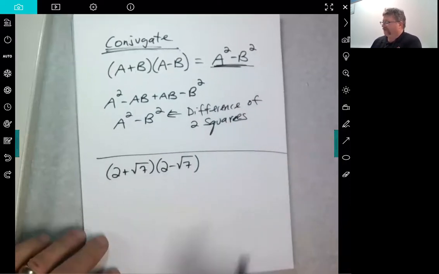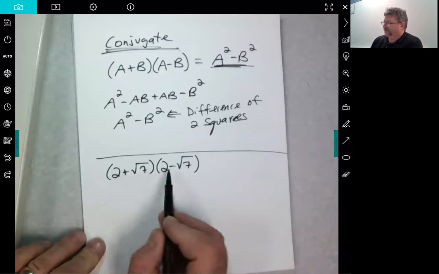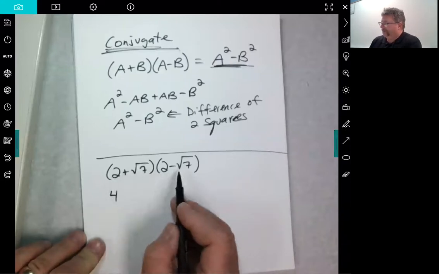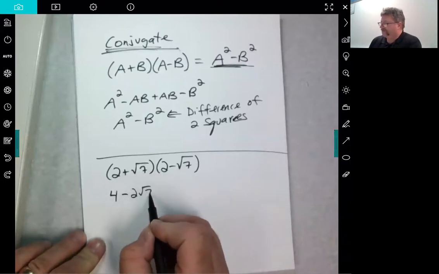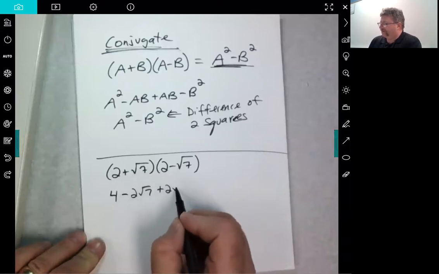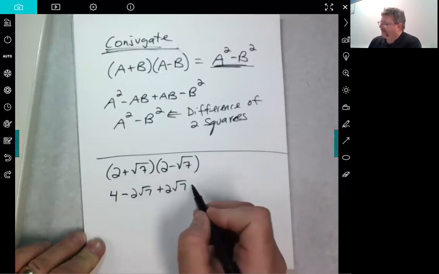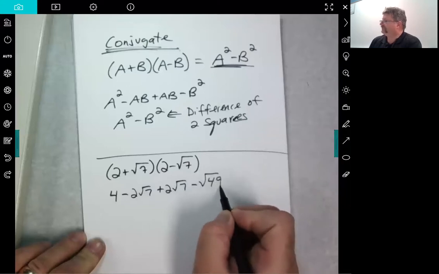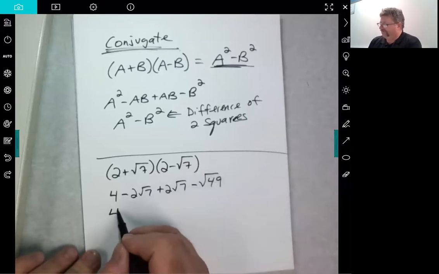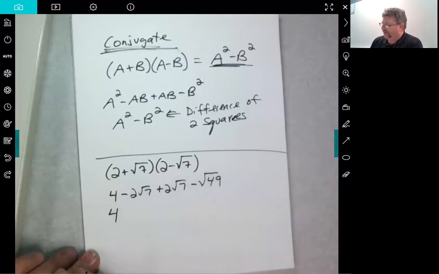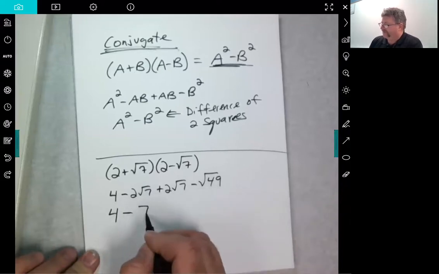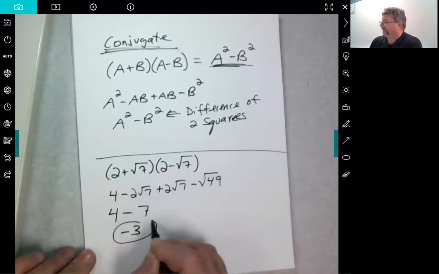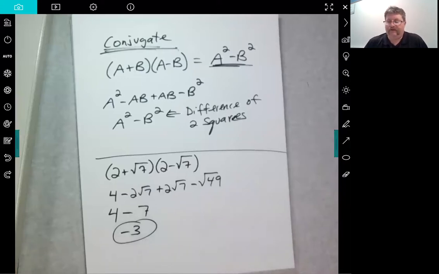I like to just FOIL it out anyway. 2 times 2 is 4, minus 2 radical 7, plus 2 radical 7, and then minus radical 49. So that's 4. These two cancel each other out. Minus, that'll be a 7, so negative 3. All good?